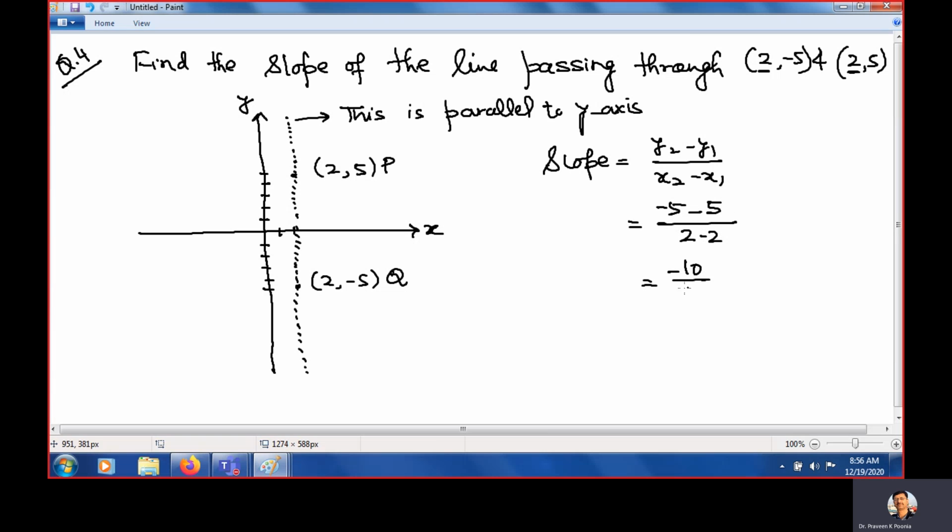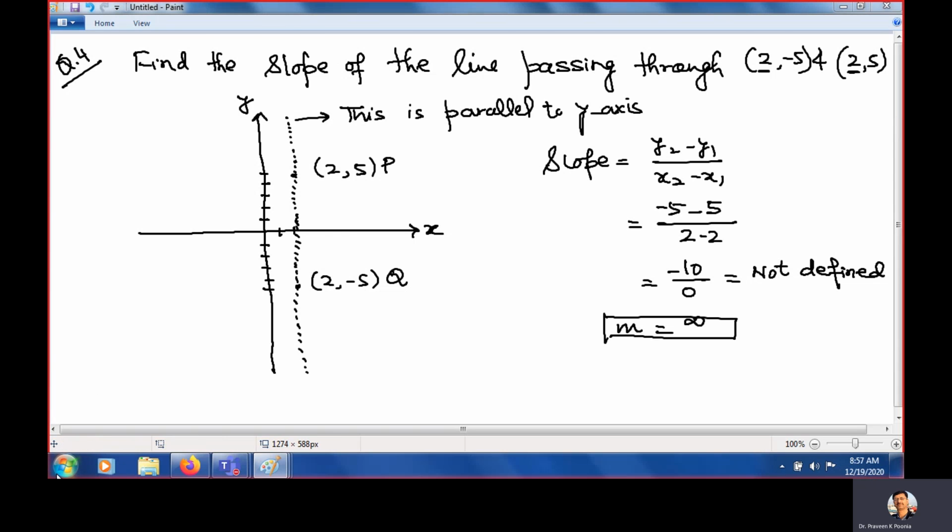So it is minus 10 upon 0. And if upon 0, we can call it not defined. Not defined means what? Generally we put infinite. If upon 0, then we call it infinite. Clear? And if it is infinite, then it is a line parallel to y-axis.